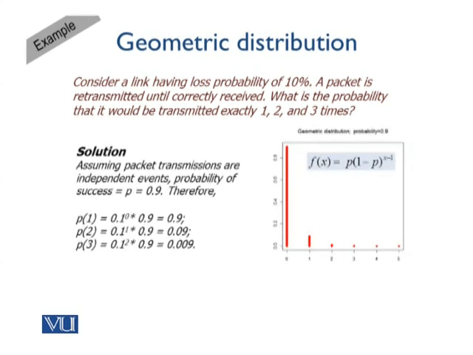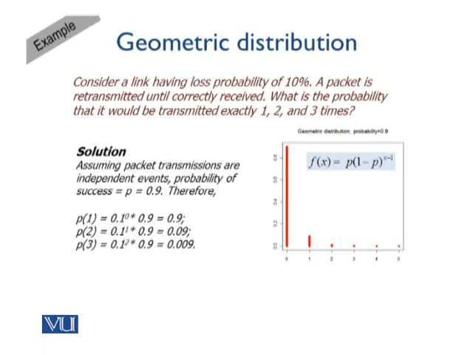So let's now solve this question. We calculate the probability of the packet being transmitted and delivered on the first trial as 0.9. The probability that it would take 2 transmissions for the packet to get through is actually just 0.09. The probability that you would require 2 retransmissions plus the original transmission is 0.009.